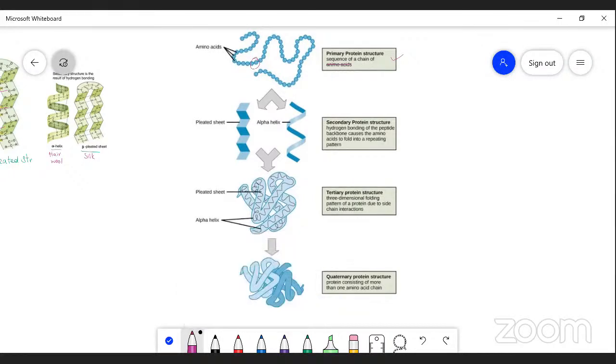Then we are taking the secondary structure. The secondary structure of protein is classified into two types: one is the alpha helix, and the other is the beta pleated structure. These stabilize the secondary structure of protein.